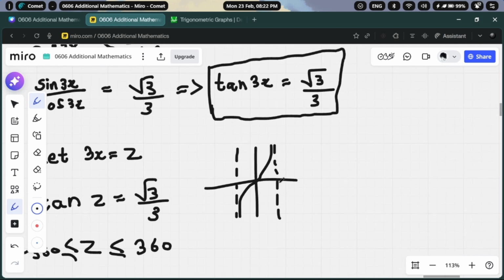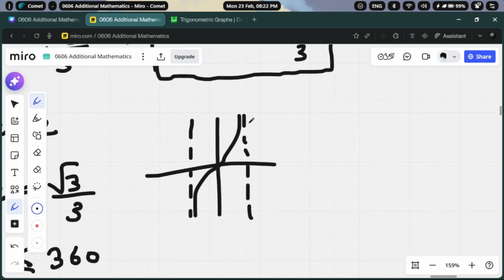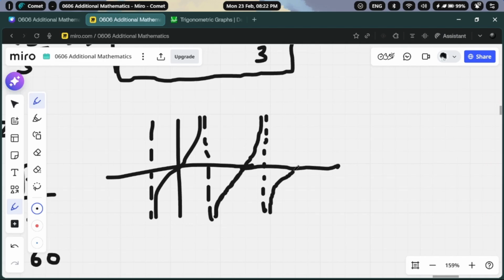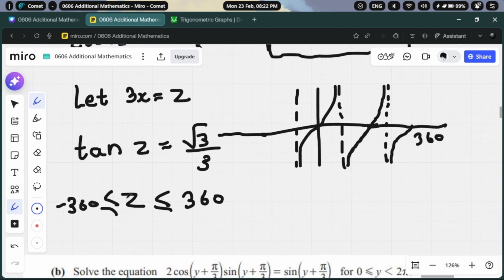So make a graph for this in the given domain. So this is obviously 90, this would be 180, and then this would stretch out over here, and that's kind of one. So this goes like this to 270 over here, and this would go till 360, so you can mark 360 over here. Similarly, do the same thing on the left hand side for the negative values.